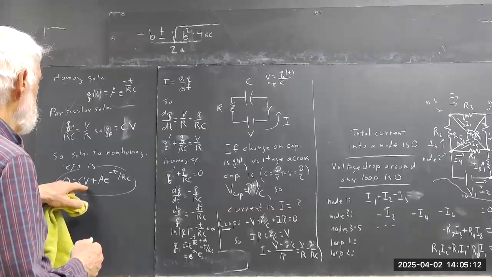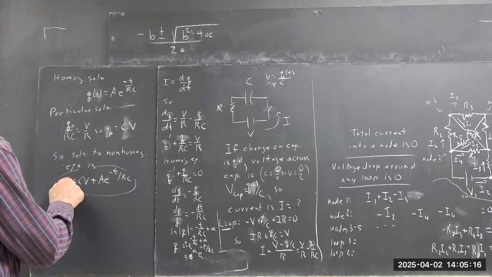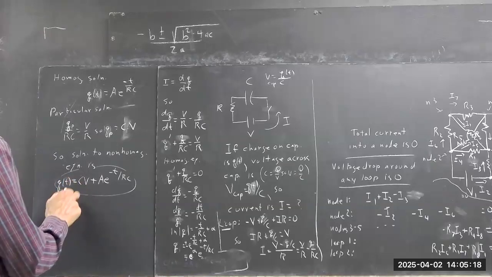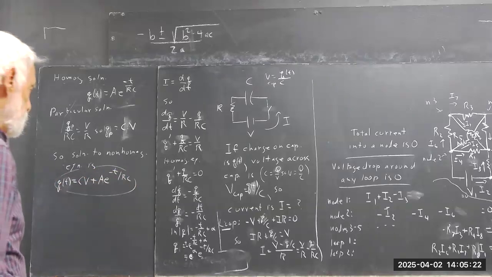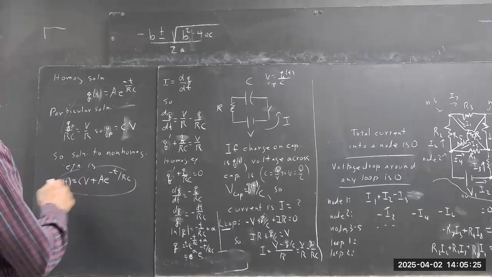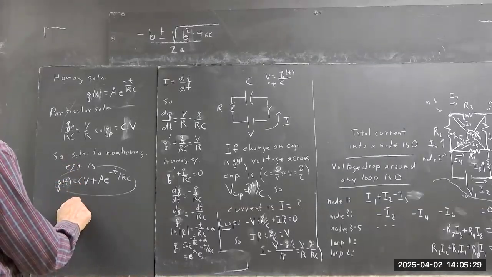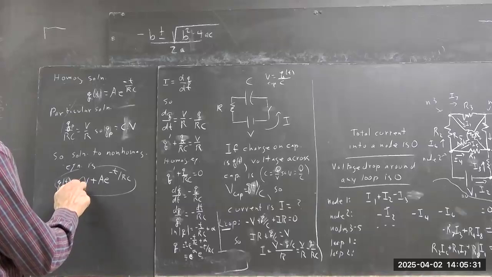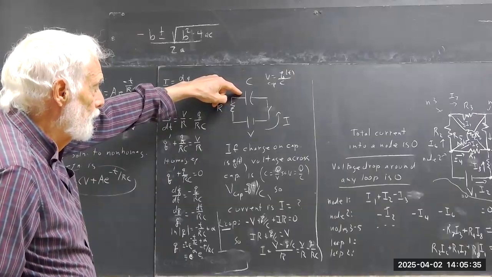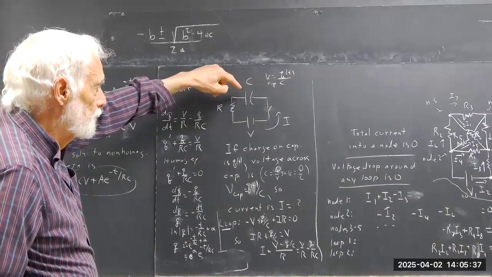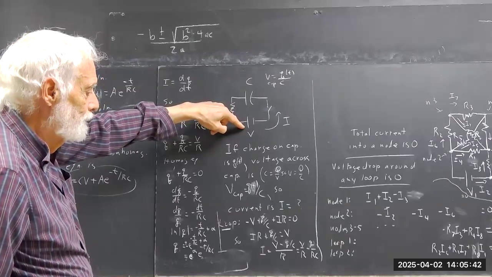So our solution could be Q equals CV plus A e to the negative t over RC. Now, CV, capacitance times voltage, is charge. CV is the charge on this capacitor when its voltage is the same as the voltage of the source.